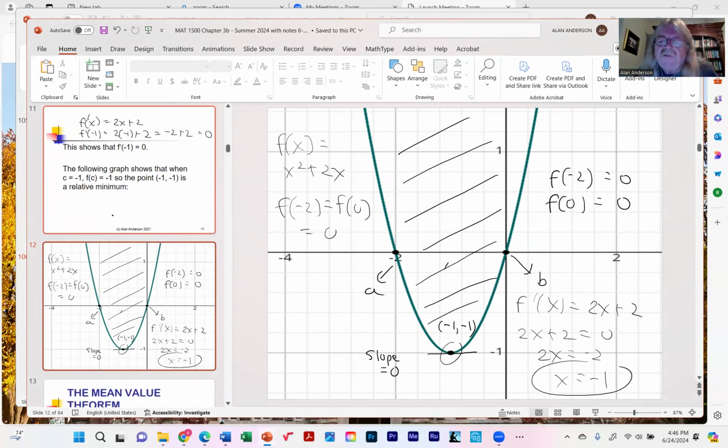Okay, x is -1. And you can find the y coordinate by plugging in -1 into the original function. And you can see that at that point, the derivative is 0, which implies a horizontal tangent line. And that is our relative, actually, in this interval, this is our global minimum.